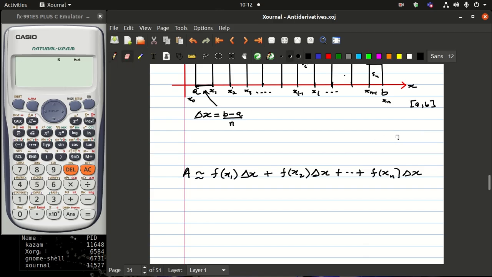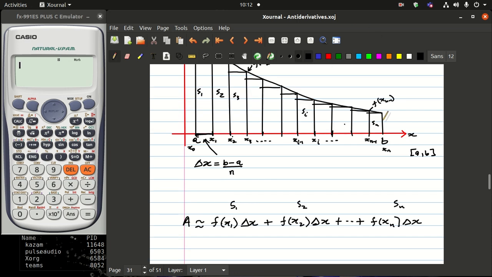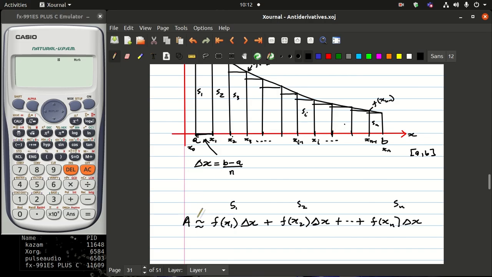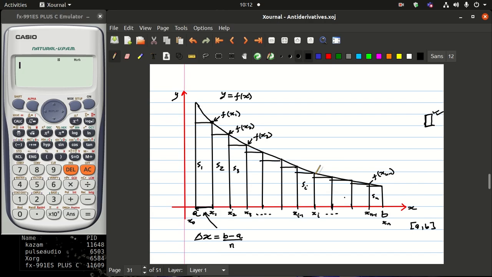The next thing I want you to realize is that this one was the area of the first rectangle, this one was the area of the second rectangle, and this one was the area of the last rectangle, which is here. So we just added the areas of these rectangles. The reason I'm saying this is an approximation is because this part is not included.